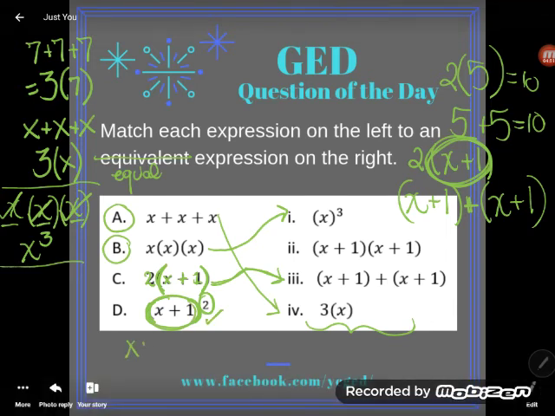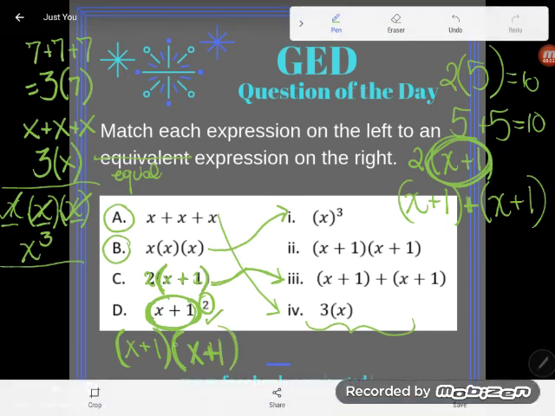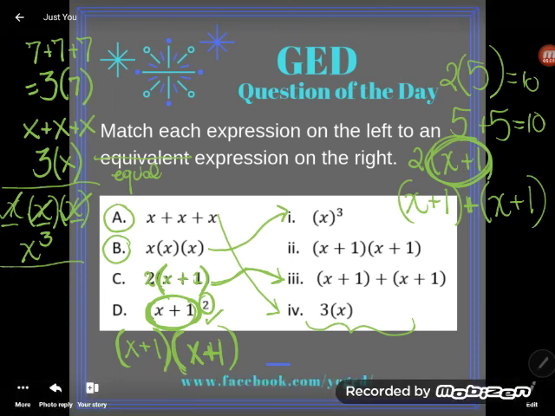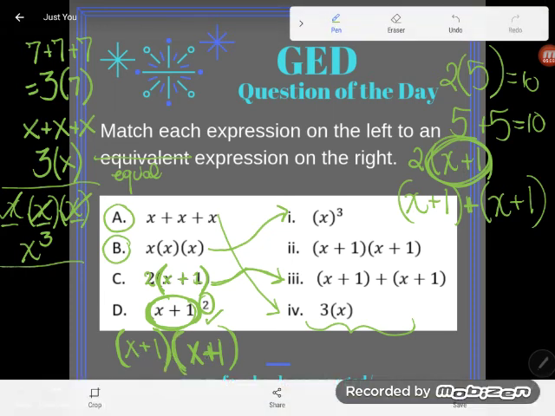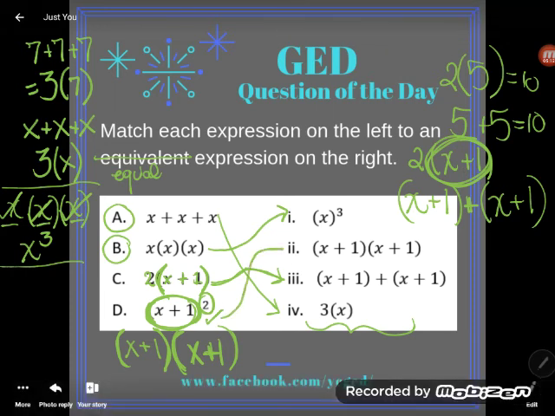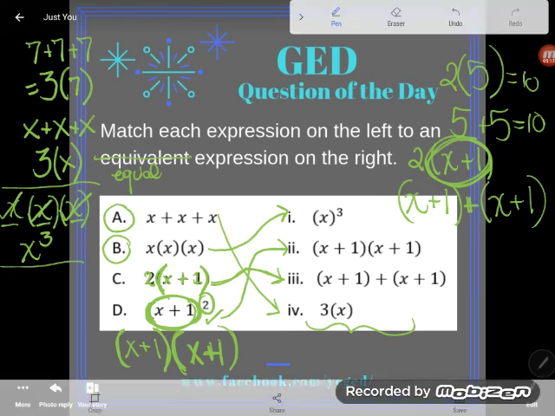So I'm going to take x plus 1, and I want to multiply that whole thing with another x plus 1. When mathematicians want to just multiply big ugly numbers, they enclose each one of the big ugly numbers in parentheses, shove those parentheses right up close to each other, and that says x plus 1 times x plus 1. So D matches with 2.